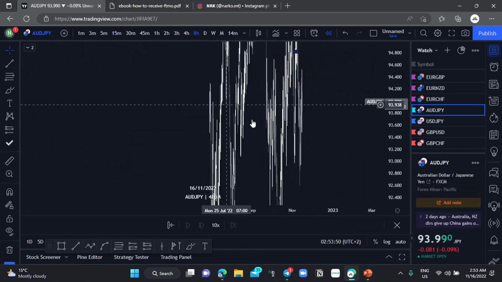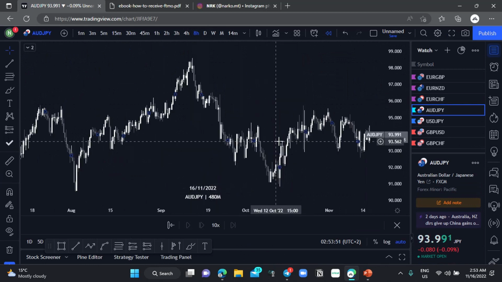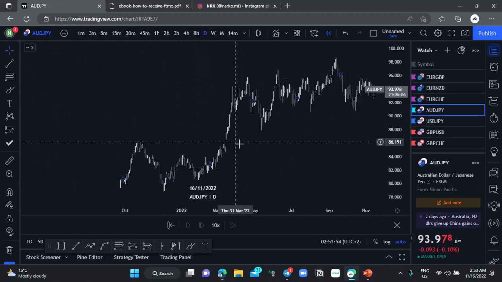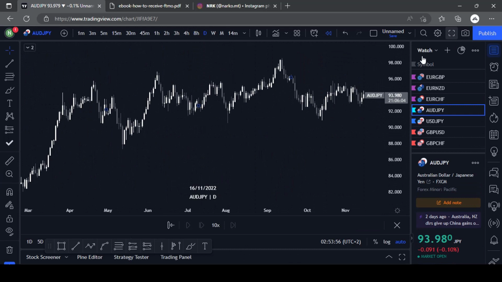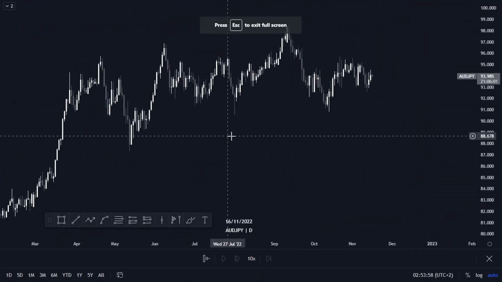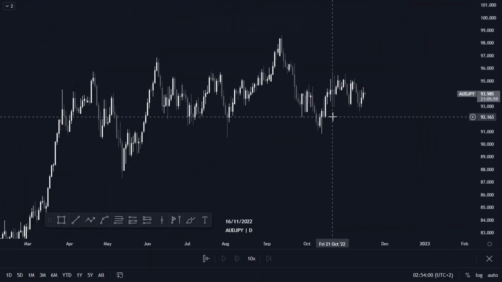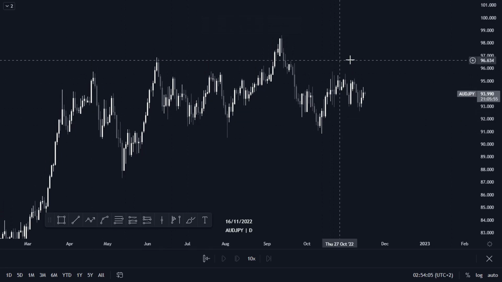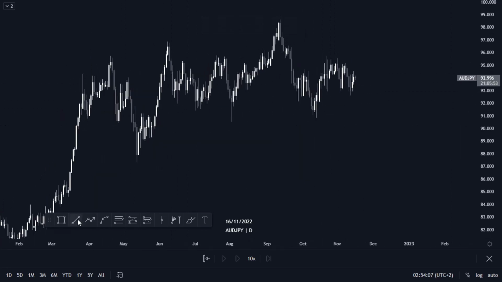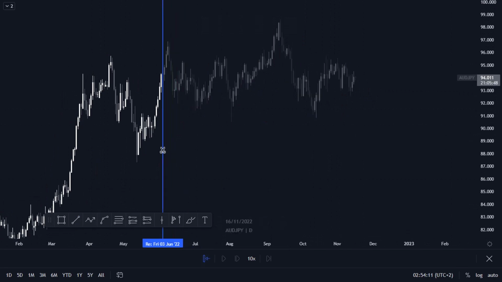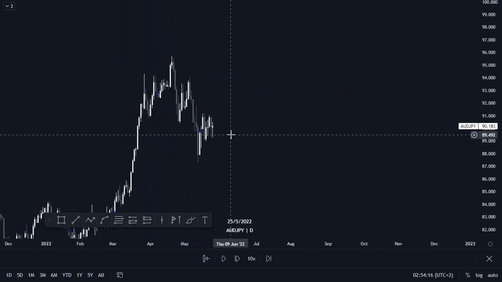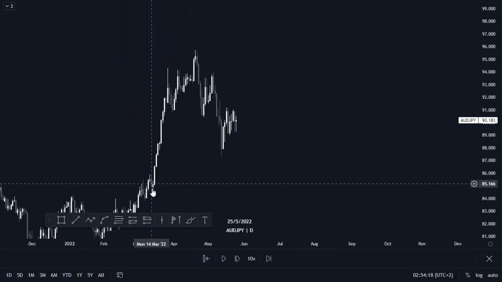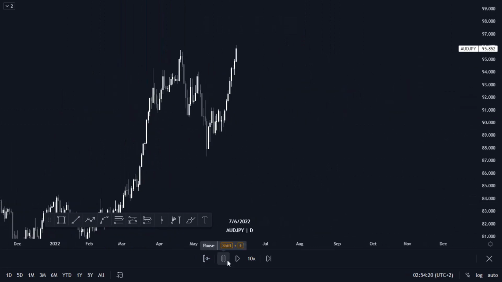Let's move to the 8-hour chart and see what we have there. Okay, the daily chart. So on the daily chart we have AUDJPY pushing beautifully, very bullish to the upside. Okay, first let's let price be.